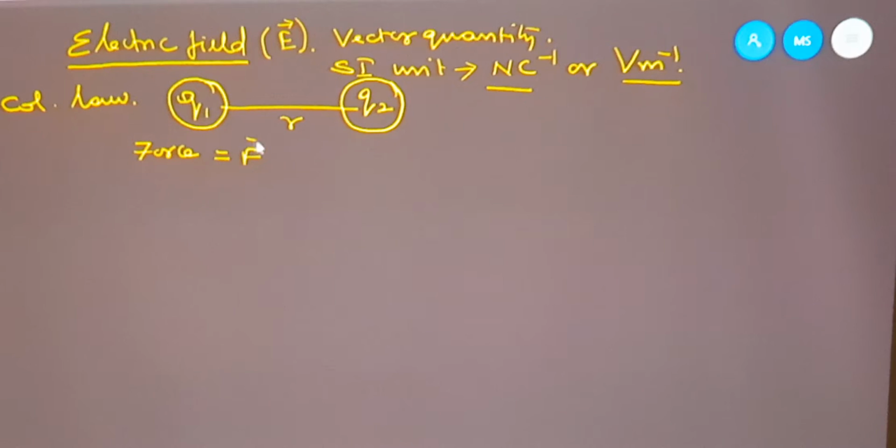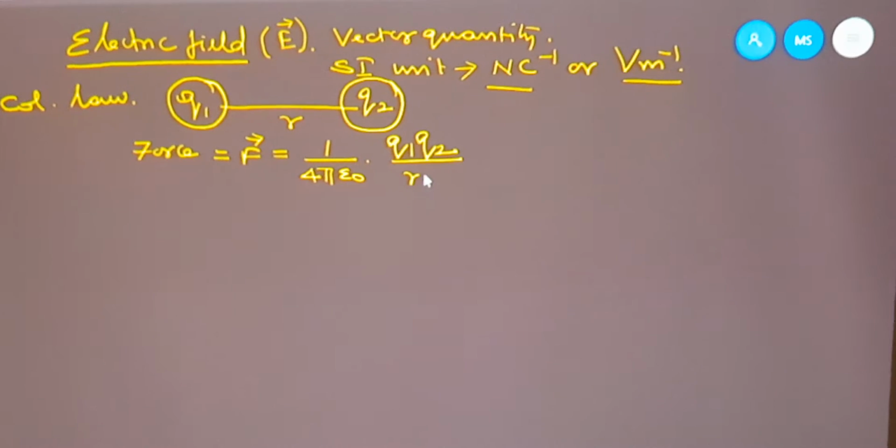We stated it as F vector equal to constant K, or 1 by 4 pi epsilon 0, into Q1 into Q2 divided by R square into R cap. This electrostatic force is due to the interaction of one charge with the other.